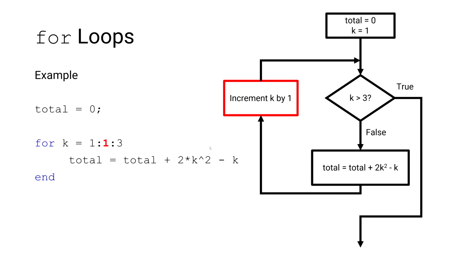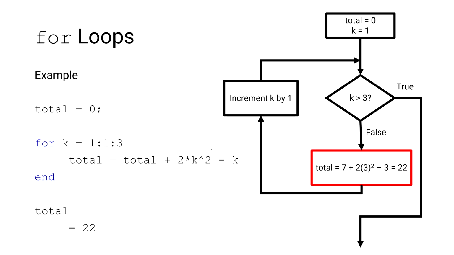Next, we increment k by 1, and now k has a value of 3. Our current value of k, which is 3, is not greater than our terminal value of 3. This statement is false, and we evaluate our total again. So the new value of the total is assigned the value of our previous value of the total, which was 7, plus 2 times k squared minus k, where k is equal to 3.